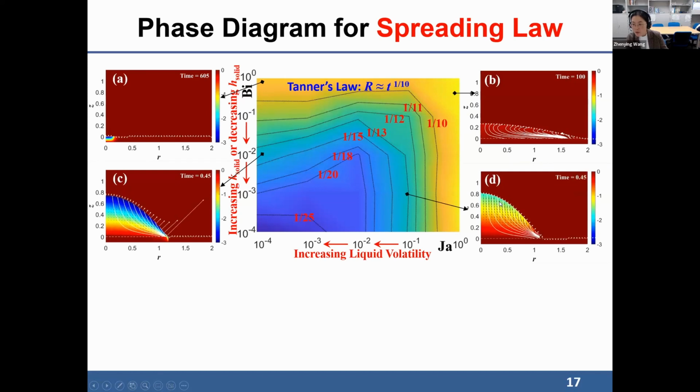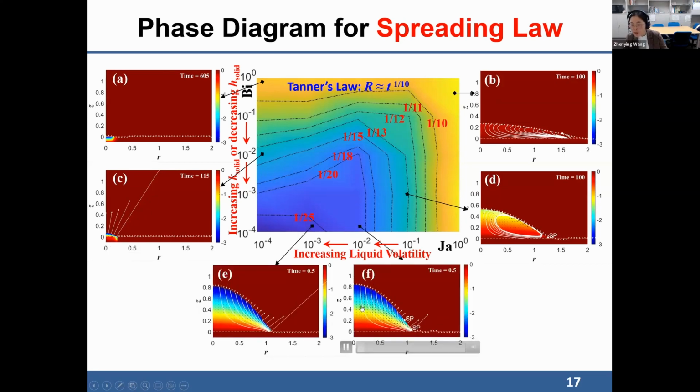If we further increase the liquid volatility or the substrate conductivity, you can see that the thermal Marangoni effect becomes stronger, and the evaporation mass flux also becomes stronger, especially near the three-phase contact line.